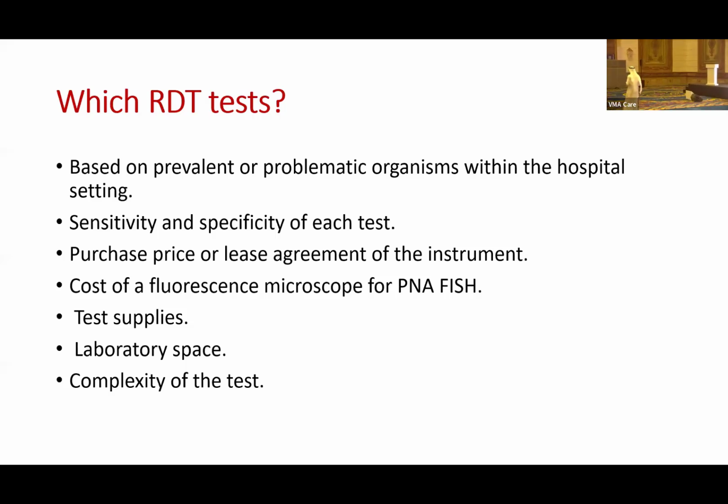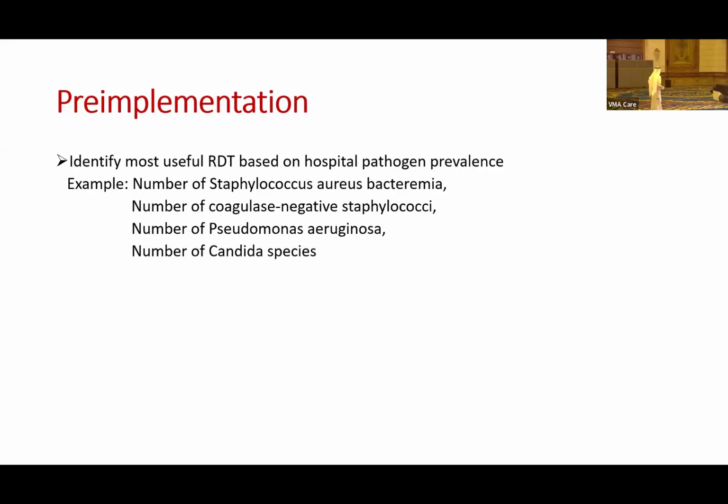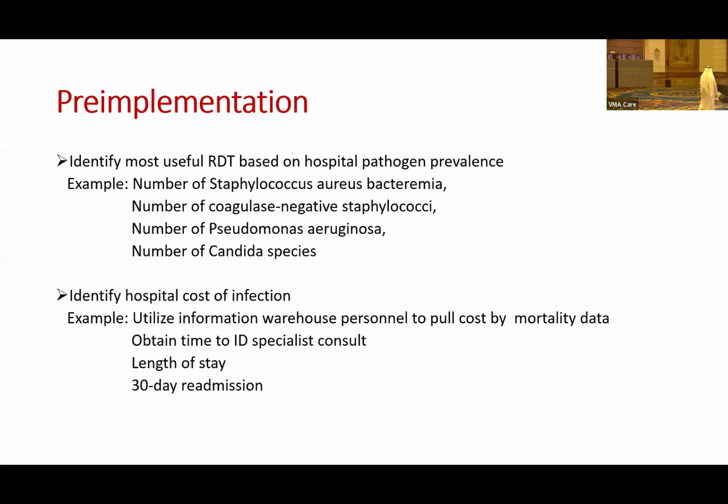So pre-implementation, as I told you, you need to pull data to identify the most useful RDT based on the pathogens you have in your hospital. For example, the number of staph bacteremia you have, number of pseudomonas, number of coagulase negative or number of candida species, and also identify hospital cost. How can I pull the hospital cost?